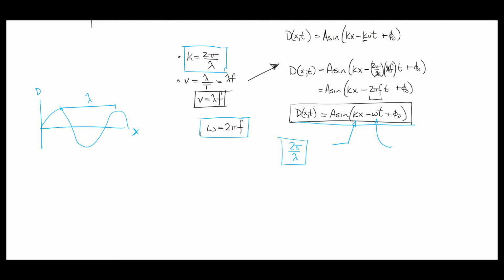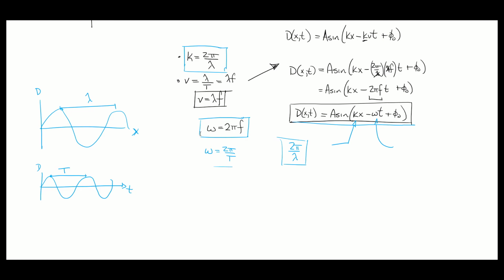The angular frequency, or the angular velocity, 2 pi f, we can rewrite as 2 pi over the period, right? It captures the periodicity in time. If we were to plot a history graph, the displacement as a function of time, it's also going to look sinusoidal, but it's going to repeat itself once every period. One cycle of motion gives us the period that it repeats itself.